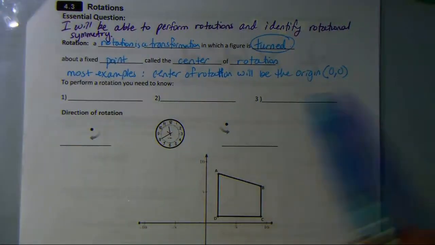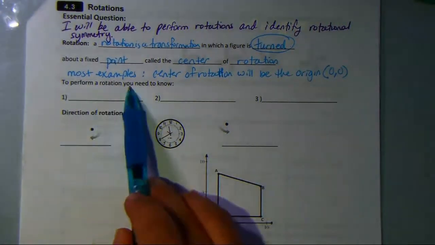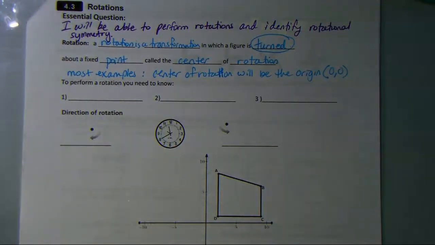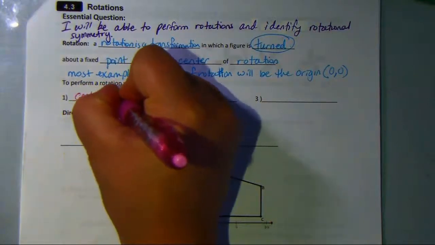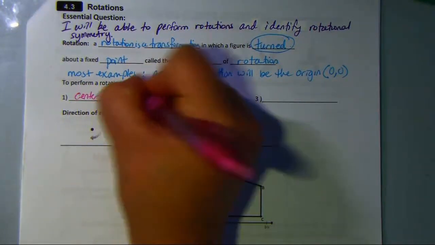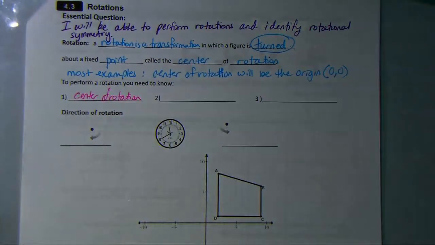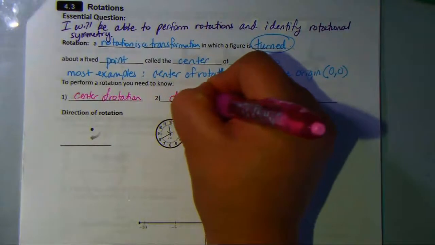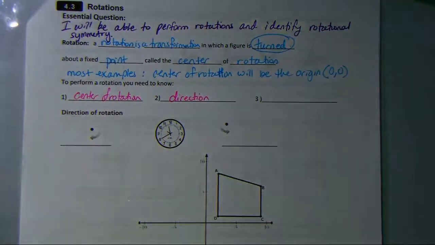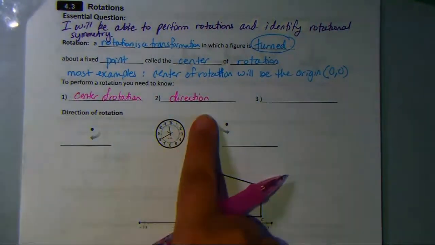Okay, so in order to perform a rotation, you need to know three things. You're going to need to know the center of rotation. So that's number one. You're going to need to know the direction you are rotating in, so the direction of rotation.